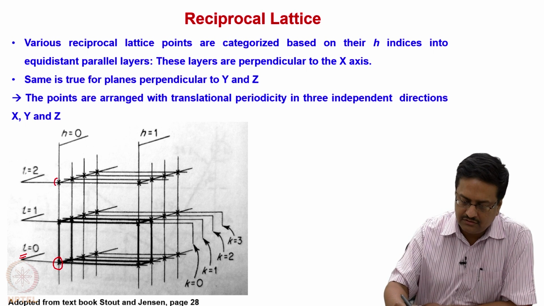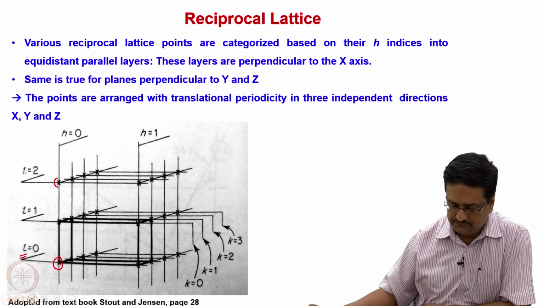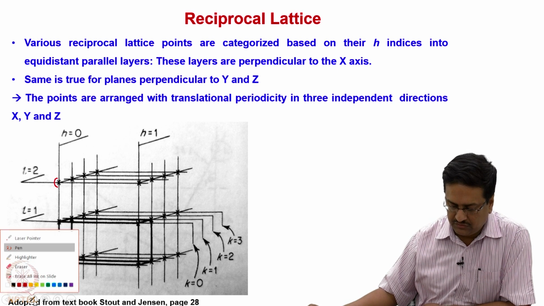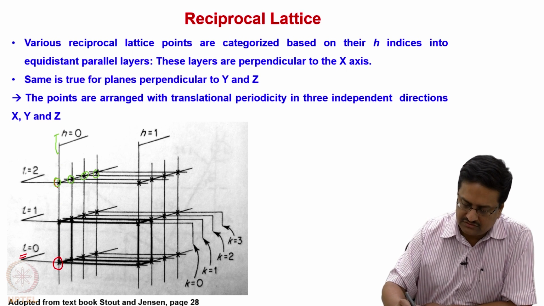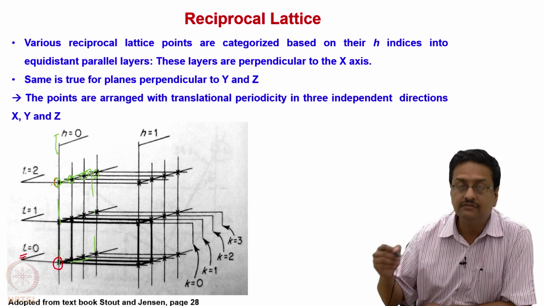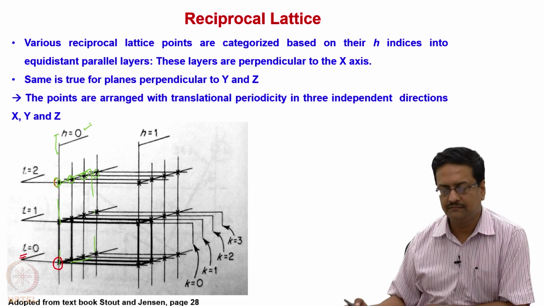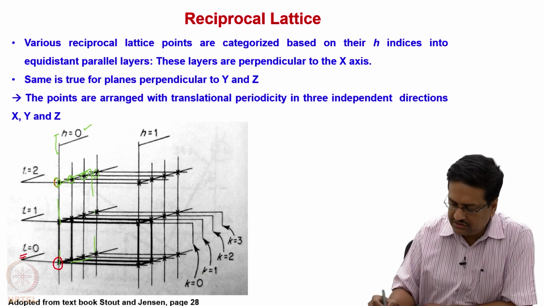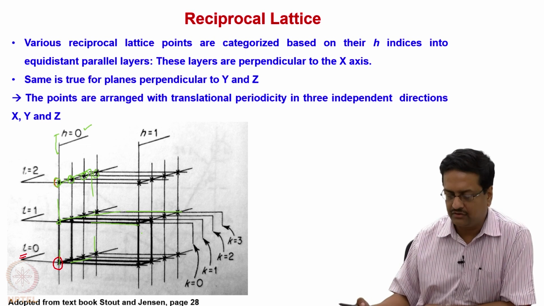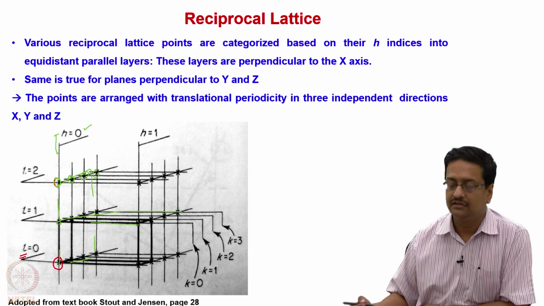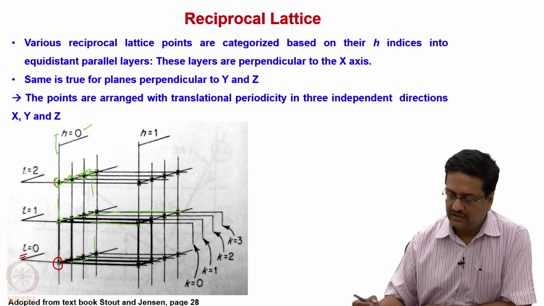The points which are falling on this plane all correspond to H index 0, and similarly all the points which are falling in this region have the K index 0.